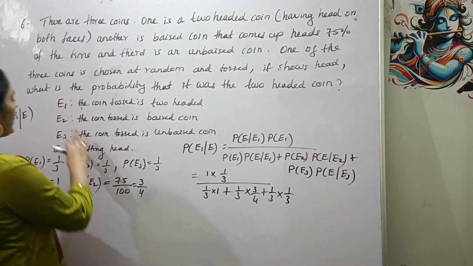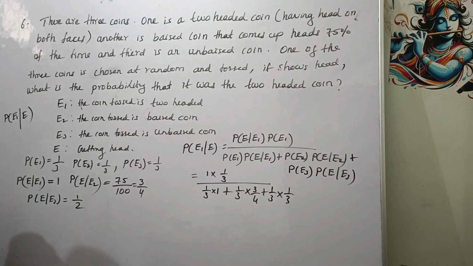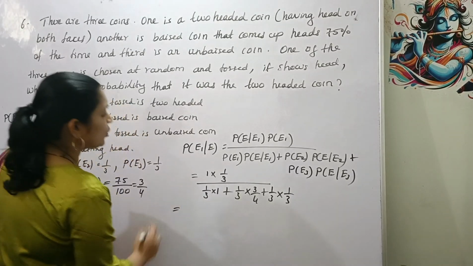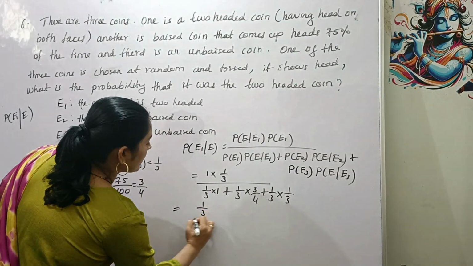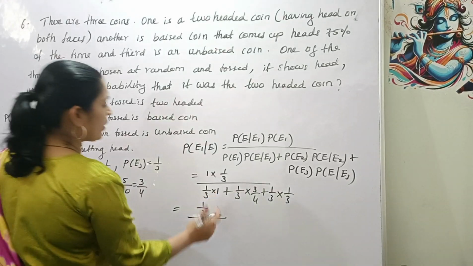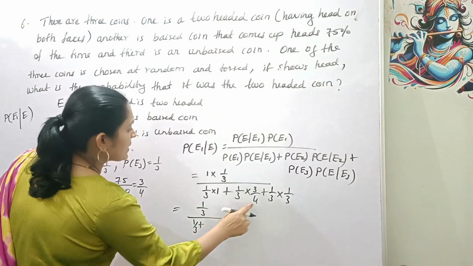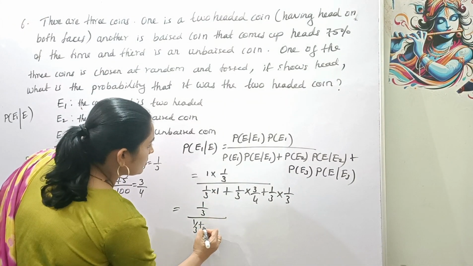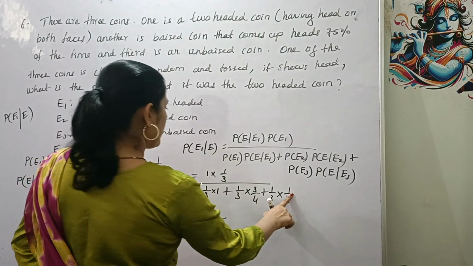Okay, because there are 3 events, E1, E2, E3. That is equal to 1 by 3 divided by 1 by 3 plus 1 by 2.